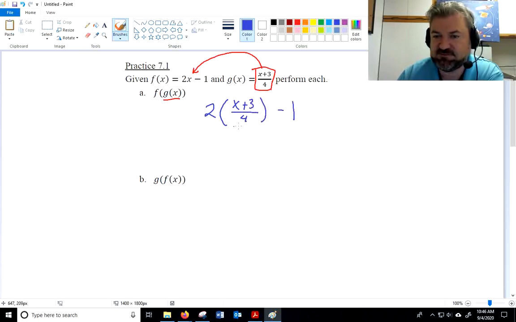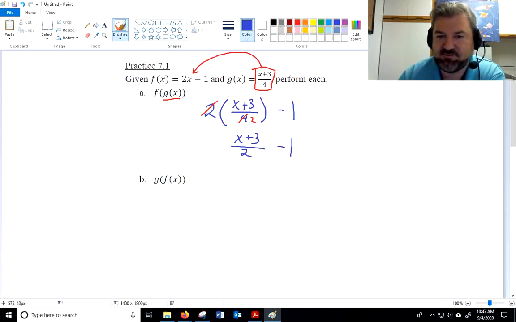And you could leave it like that for now, or maybe you simplified. You realize that this 2 can reduce with this 4. 2 goes into 2 one time and 4 twice. So this is x plus 3 all over 2 minus 1. And we could probably even combine like terms and go further, but I'll stop there.